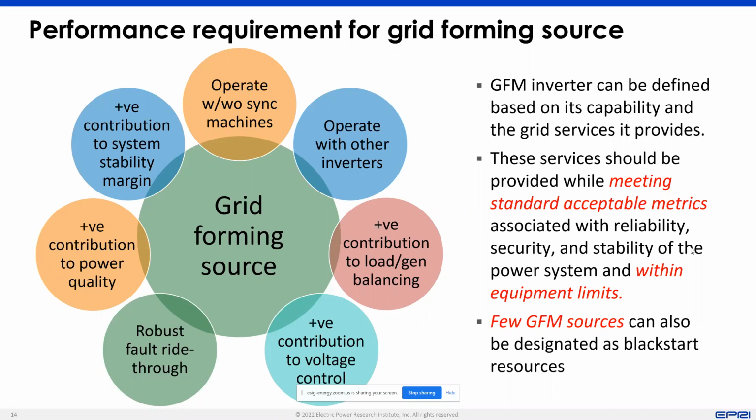But being able to stabilize a local pocket of the system, being able to survive the last synchronous machine trip is probably more well developed. So having this differentiation between black start capable and not black start capable for grid forming resources can change the way in which we get grid forming resources into the system, where we can start getting grid forming resources faster into the network.